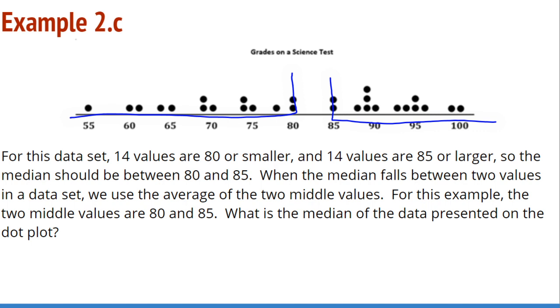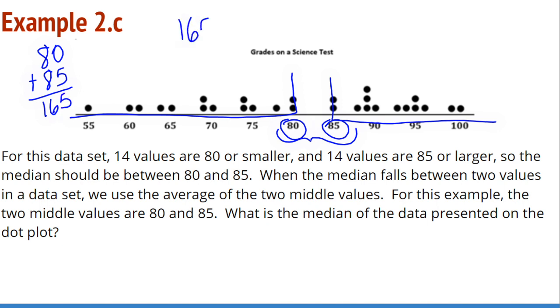When the median falls between two values, in this case 80 and 85, we use the average of the two middle values. So we're going to take 80 and 85 and we're going to find the mean. We're going to find the average, and that would be the median. So to find the average, I'll take 80 plus 85 and get 165, and then I'll take the 165 and I'll divide it by 2.